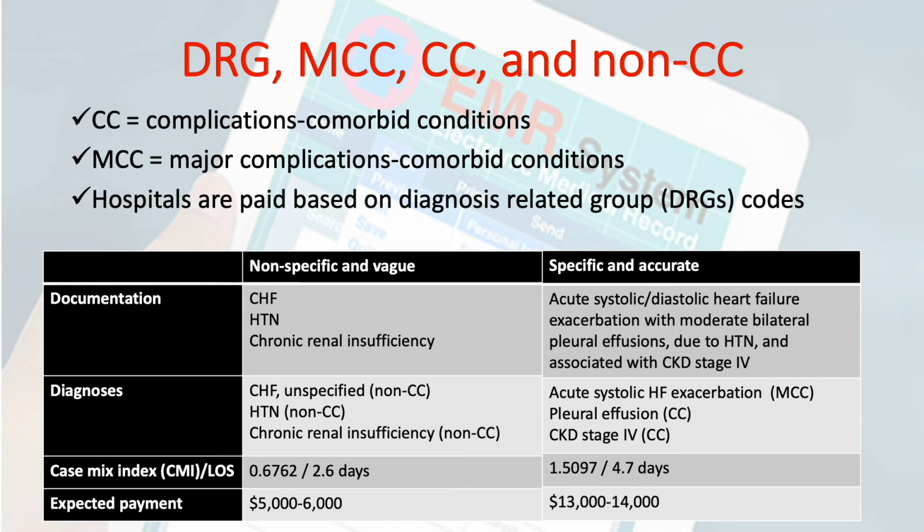So as you can see, documentation can really make a lot of difference, and that's one of the reasons the hospital will look into the documentation by physicians, to make sure it truly reflects the severity of the patients they're taking care of, and I think that's very fair.